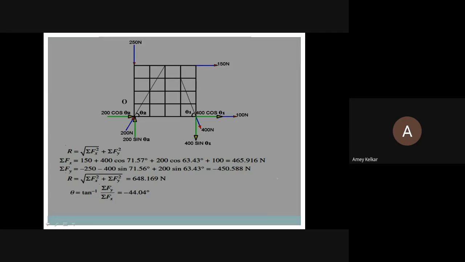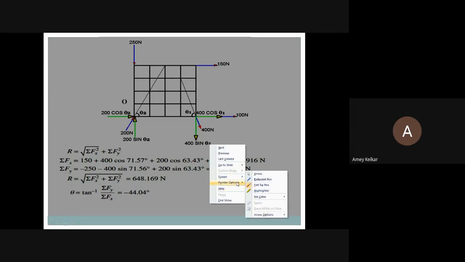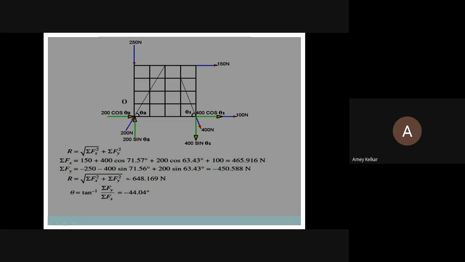So we can easily find out R and theta. Don't make a mistake here.